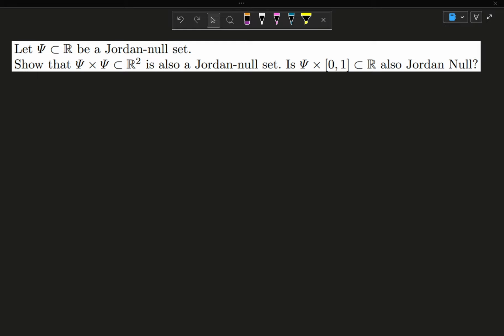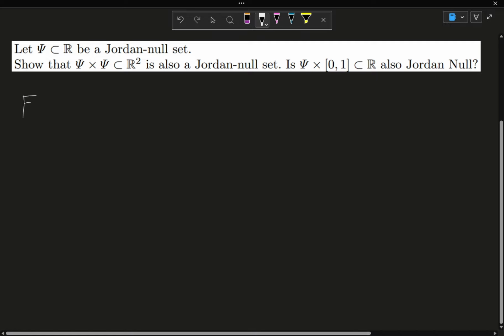So we will just start by showing that psi times psi, a subset of R squared, is also Jordan-Null. By definition of the problem, we know that psi is a Jordan-Null set. Now, to prove the following, we will just fix some epsilon bigger than 0.